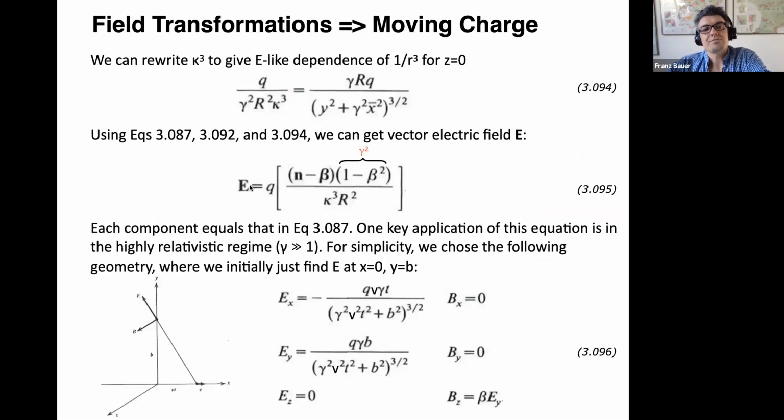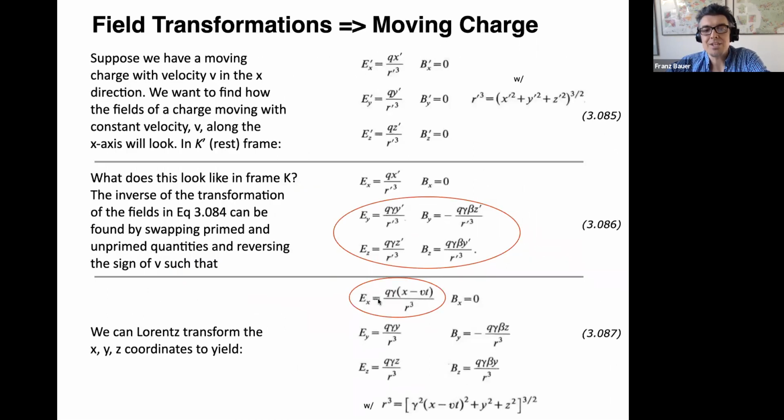And so this vector E will end up being the unit vector here, the vector of the velocity, and we can multiply this by this factor here. We have the k3 here and this r squared here. And so this is how we could derive an E field vector form. And this should end up matching this if we were to plug everything in.